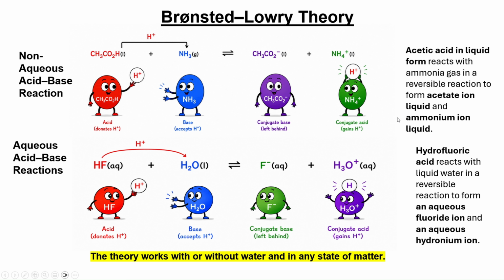Looking back at the second example, we see acetic acid donating a proton to the ammonia base. The result is the acetate ion and the ammonium ion. In the fourth example, we see hydrochloric acid donating a hydrogen ion to water.